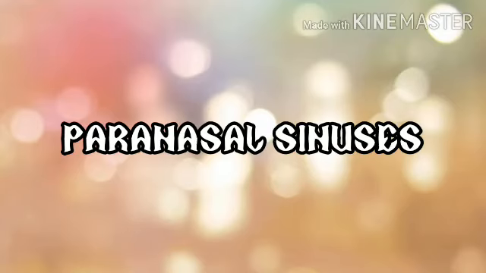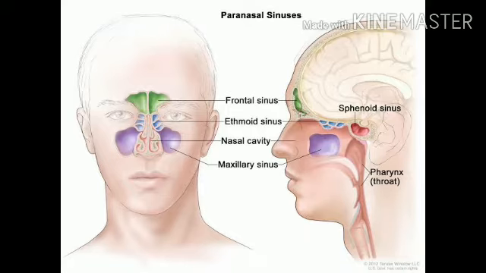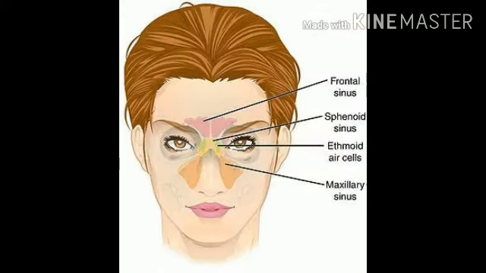Next, we are discussing the paranasal air sinuses. The paranasal sinuses are air-containing cavities in certain bones of the skull. They are lined by mucous membrane, which is continuous with the nasal cavity, and they communicate with the nasal fossa through their various ostia.